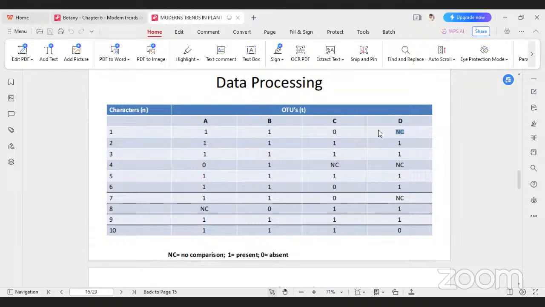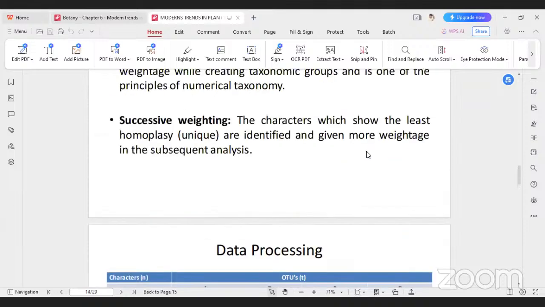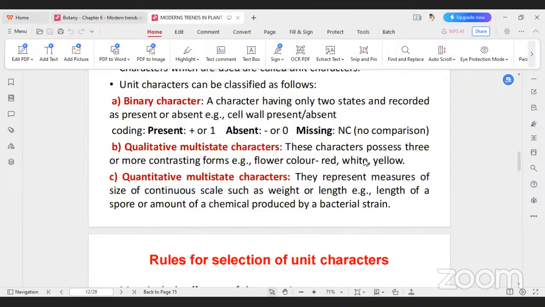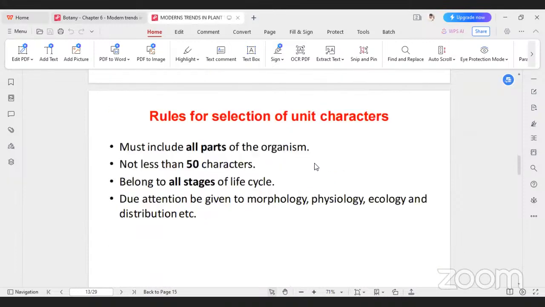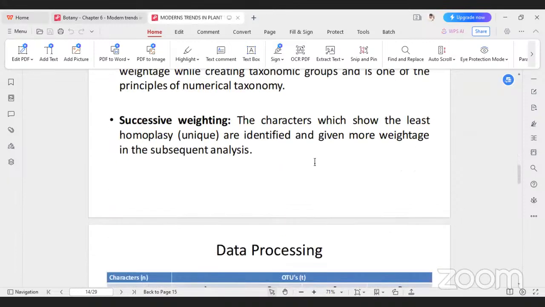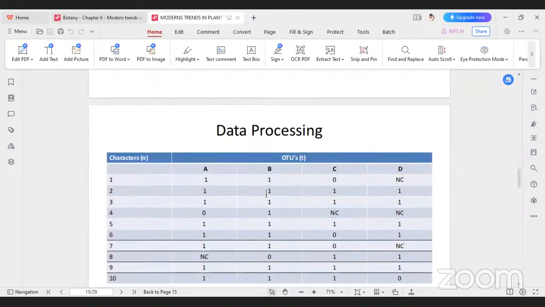No correlation, no comparison. Present or absent is okay, but if it is a different character, we can't compare the remaining ones.